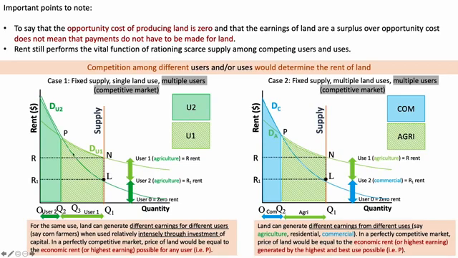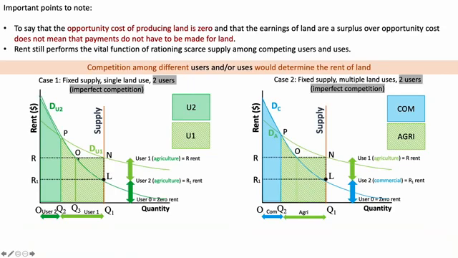But before this point of intersection, du1 was the sole user, so he was trying to save this gap between his demand curve and the corresponding earning if he was using the full land, as we see here. So there is a gap here.